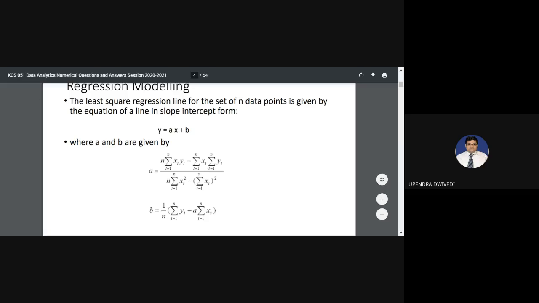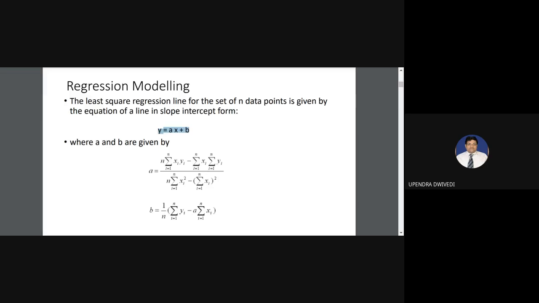If you have x and y data points, then based on those data points, you have to find y equal to ax plus b. So actually, what we are trying to find are a and b. If we know a and b, we can put those values in and we'll get the equation y equal to ax plus b. So how can we find a and b?